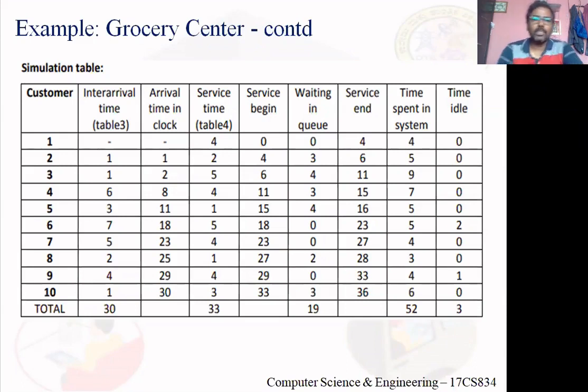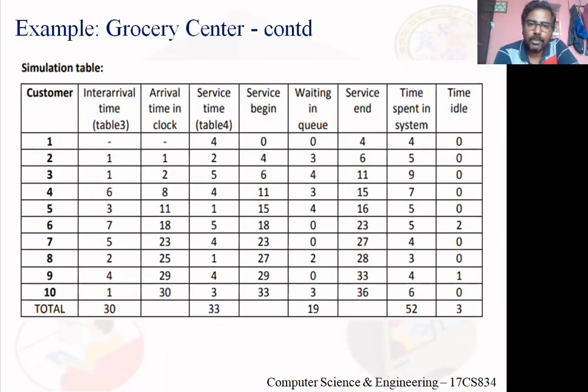Since you know the inter-arrival time, you will determine the arrival time. You also know the service time. A customer might be delayed, made to wait in a queue, or may not. You can analyze and you will know when service will begin.